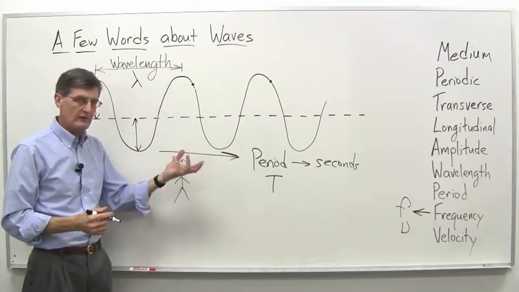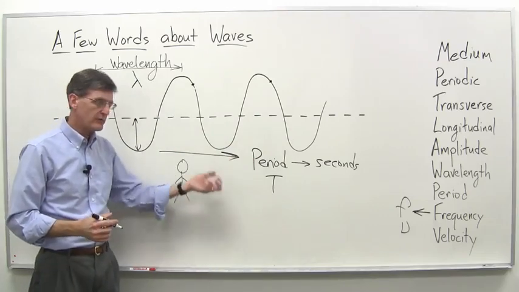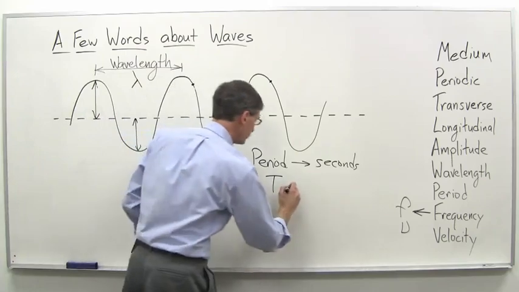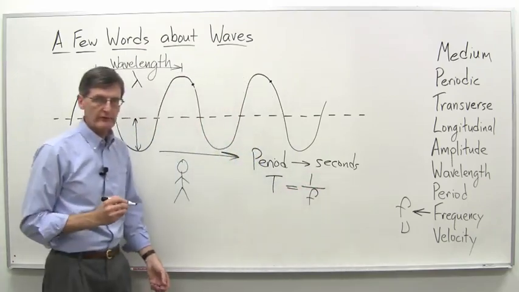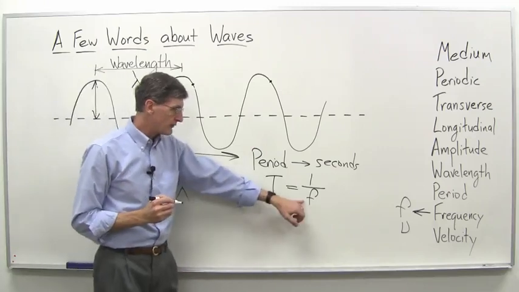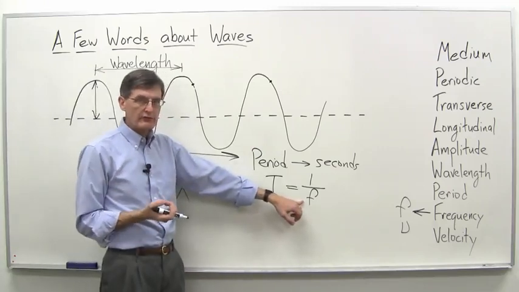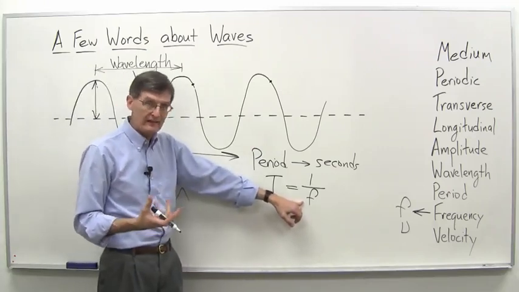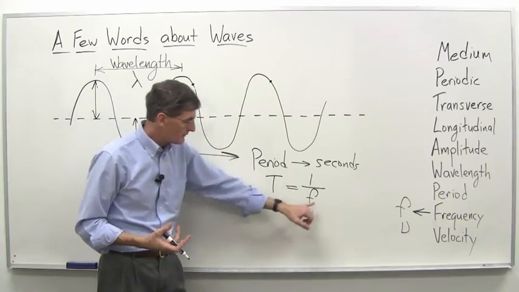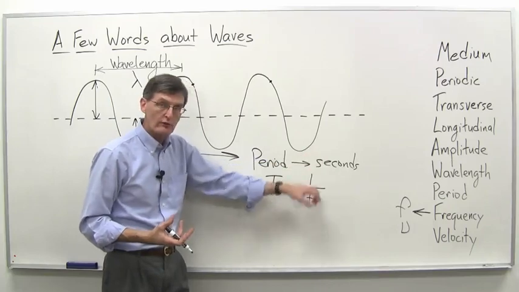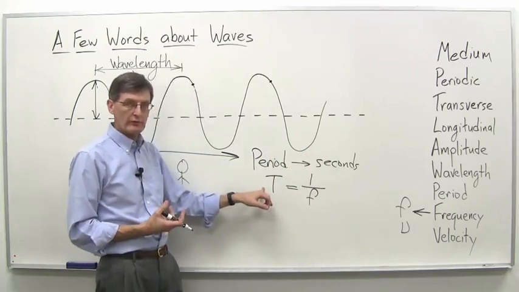And in fact, there's an exact inverse relationship between period and frequency. We can write period equals 1 over the frequency. So that if the frequency is a big number, if we talk about a high frequency wave, or really a high frequency anything, it means that the period is going to be very small. We've got a big number down here. 1 over a big number makes this a very small number.